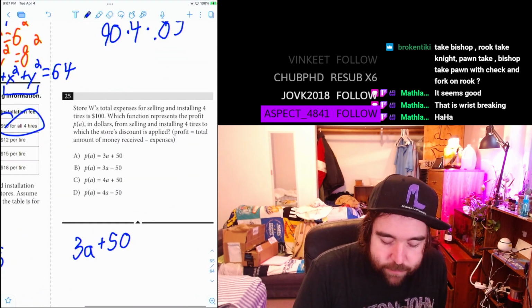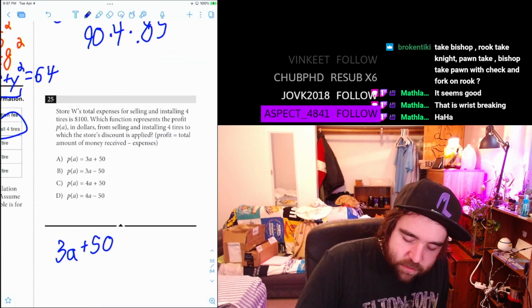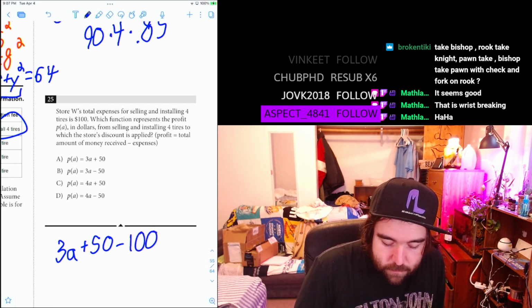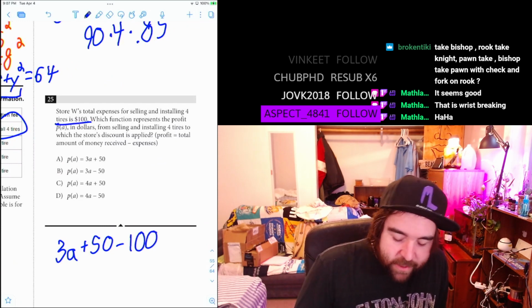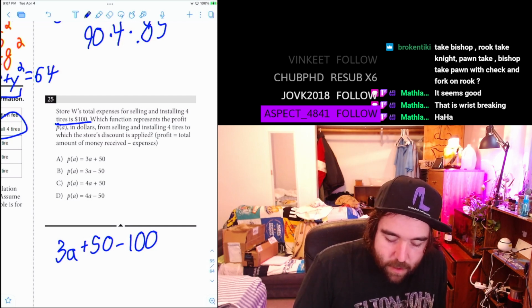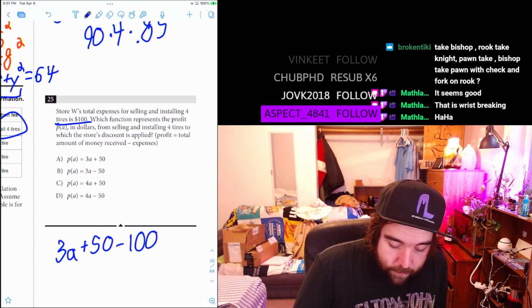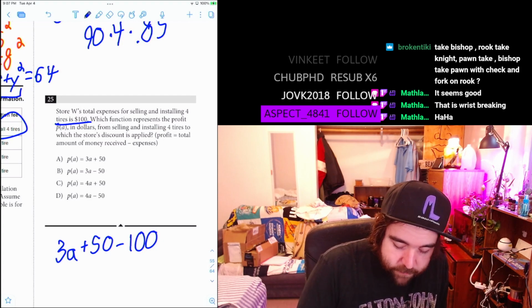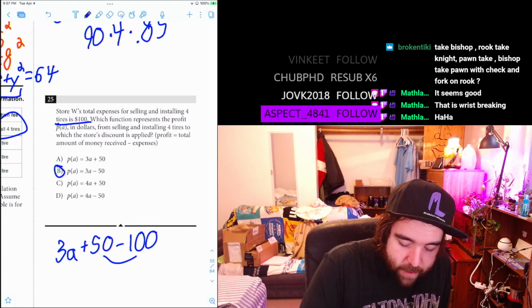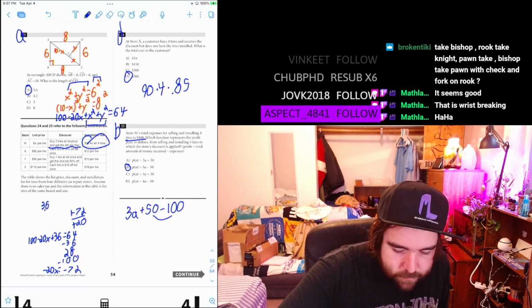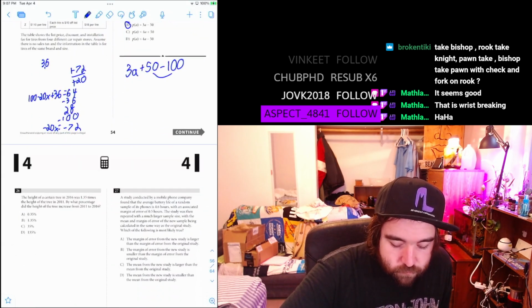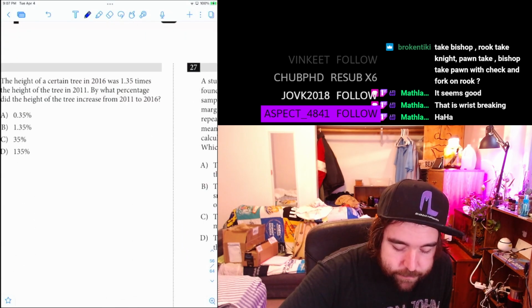So that's how much the person is giving the store. And then the store is paying a total of $100. That's how much it costs for them to buy and install them. And so there you go. 3A plus 50 minus 100, 3A minus 50. B. Yeah, that should do it.